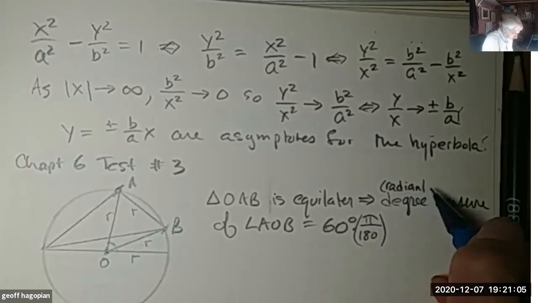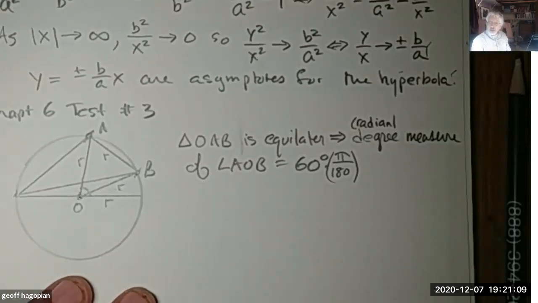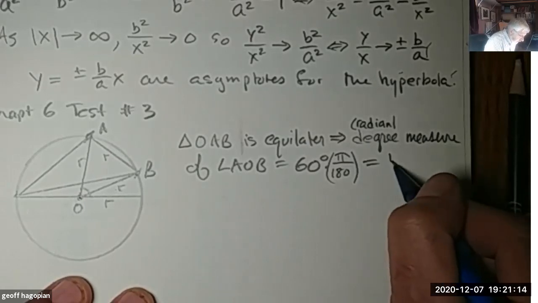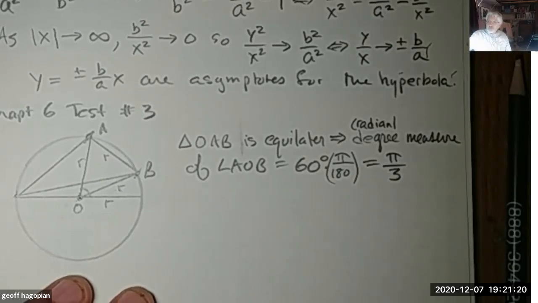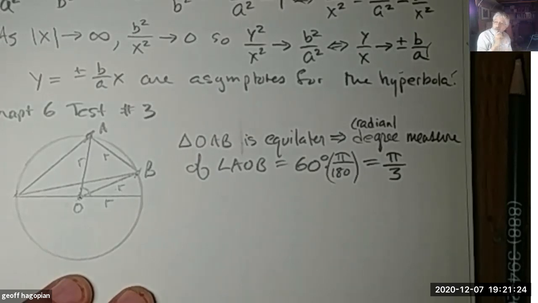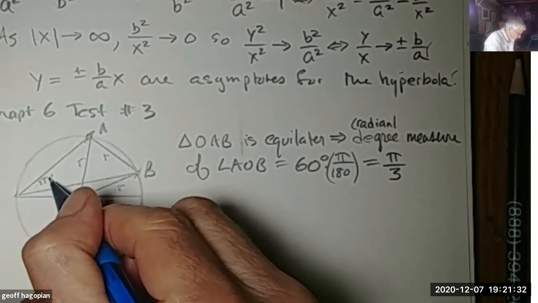So I'm doing two things at once here, right? I'm getting the degree measure and the radian measure. So this is pi over 3, right? That's a well-known angle. And so we know that this is half of that, right? So this must be pi over 6.